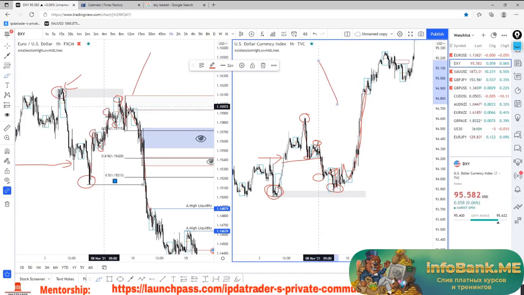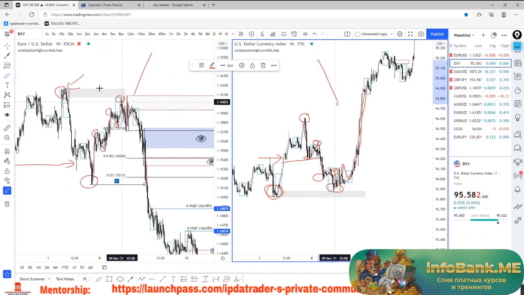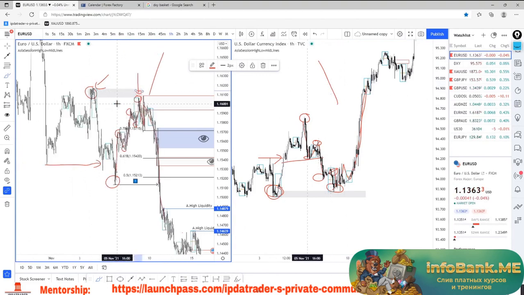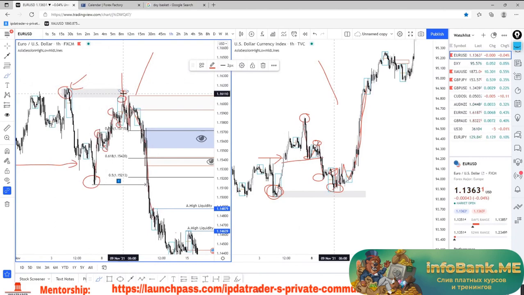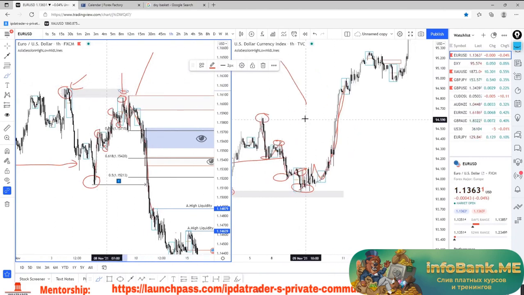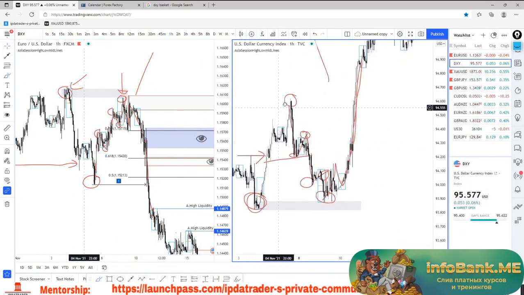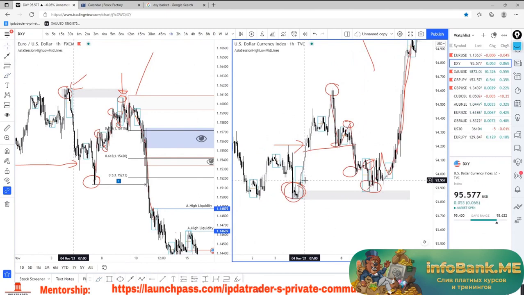So how can we use this information? The next time you want to be trading Euro USD, you can have that DXY pair to your right, and you can look for that confluence in information. If you want to, let's say, take sells on Euro USD, for whatever reason that may be, let's say you were watching this POI over here, you can simply confirm that the DXY is also hitting some sort of valid demand zone. Once again, you want to be seeing the opposite.